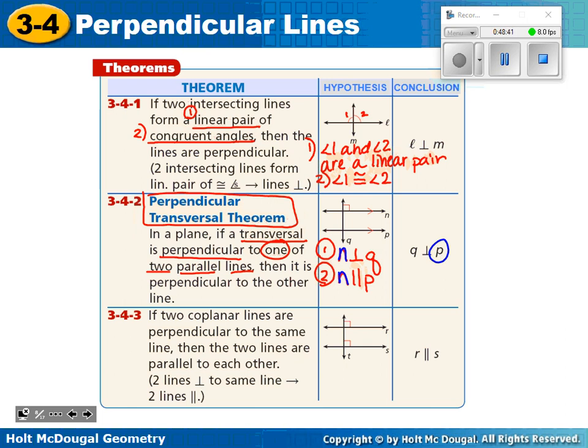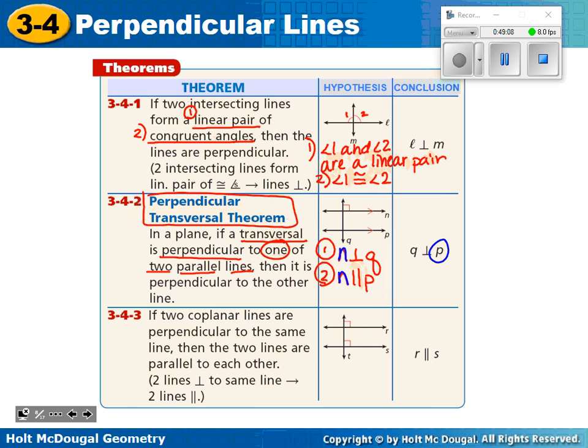Has to be given that they're parallel. And the transversal has to be perpendicular to one of those parallel lines. And then it will be perpendicular to the other. Those are the only two ways to prove lines perpendicular. A linear pair of congruent angles, or a pair of parallel lines where the transversal is perpendicular to one of them. Okay?